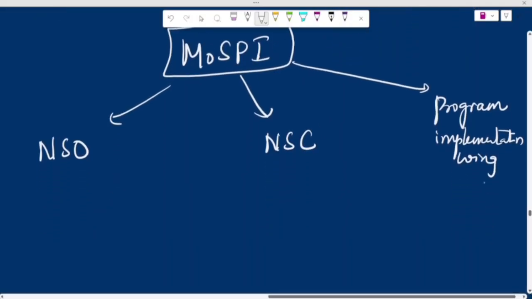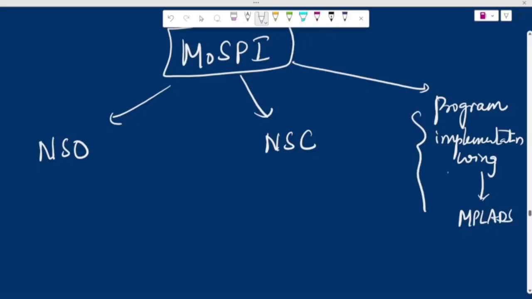Here we have nothing to do with MPLADS, so keep it aside. Just remember that it will have one office, one commission, and one separate program implementation wing working under MOSPI.